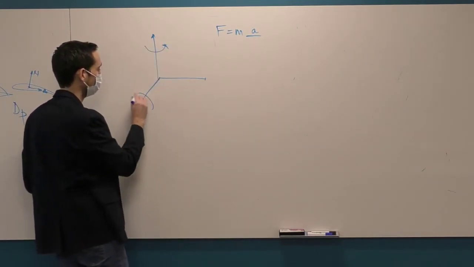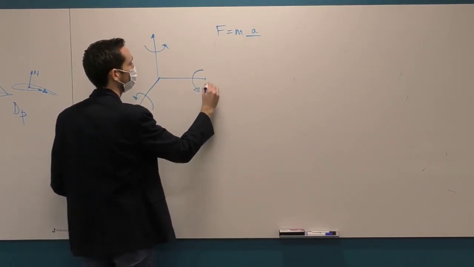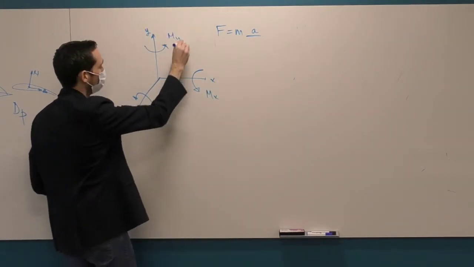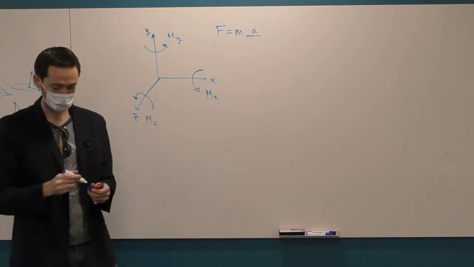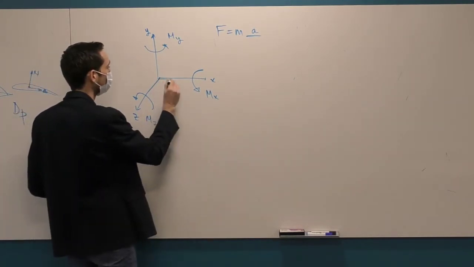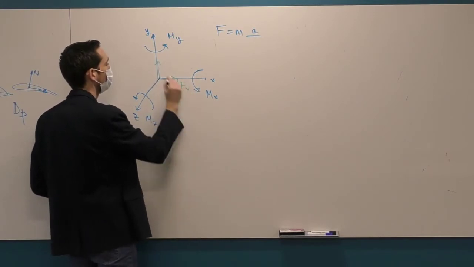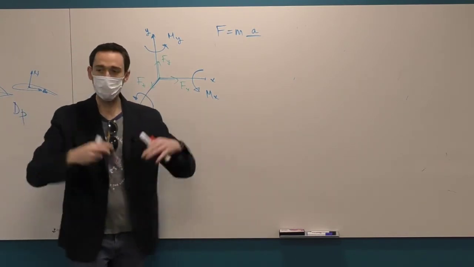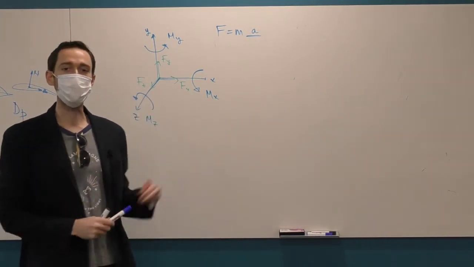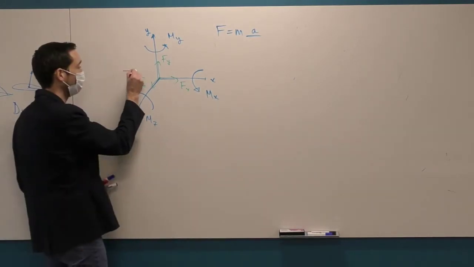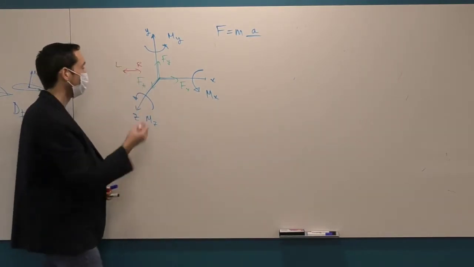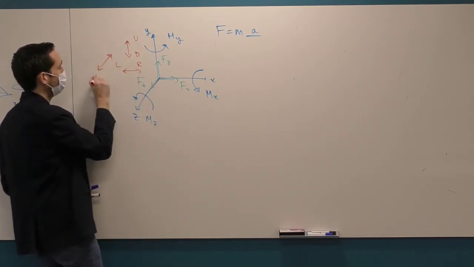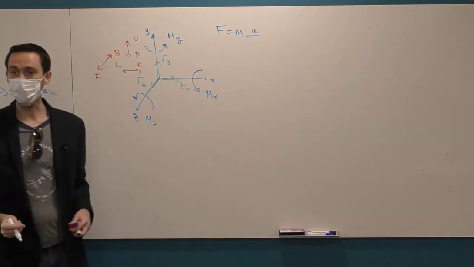We can have moments, X, Y, Z, and we can have forces, 1, 2, 3. So we can force our own view of the situation onto machining. We can go left to right, up and down, and back and forth.